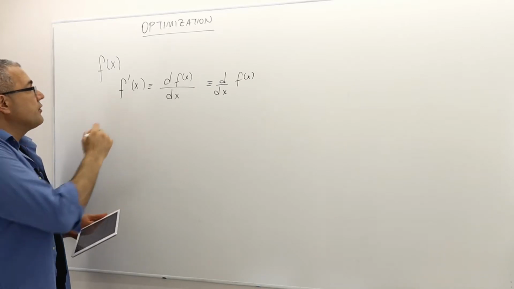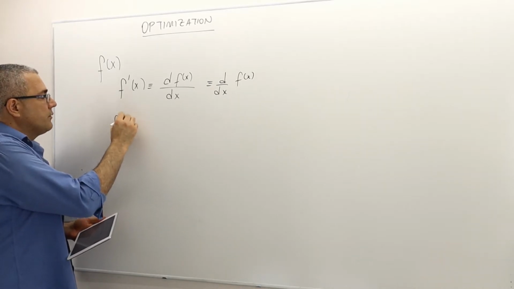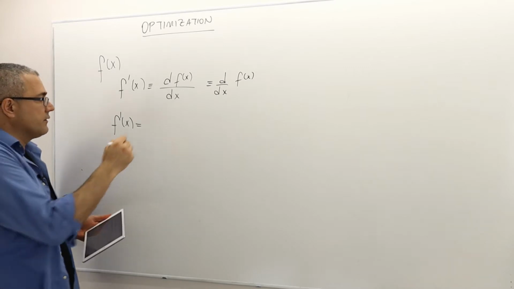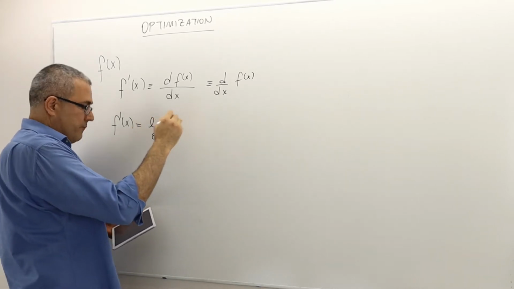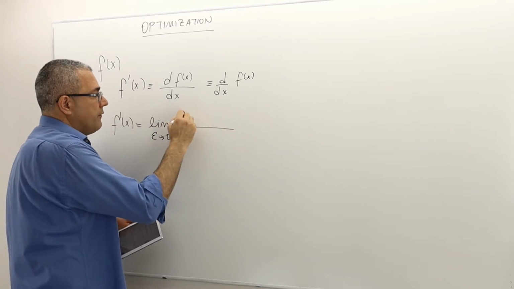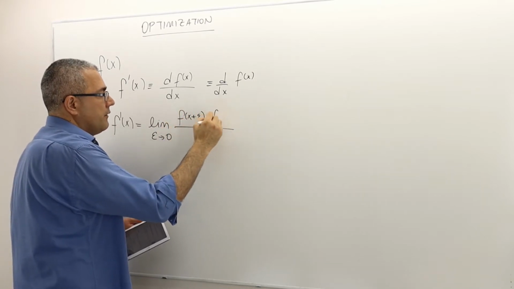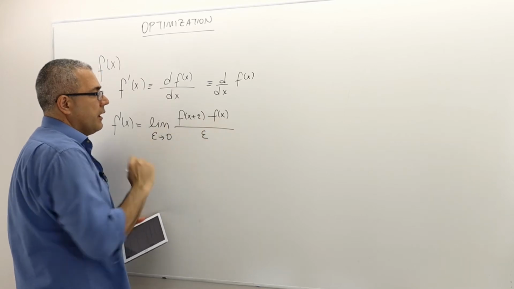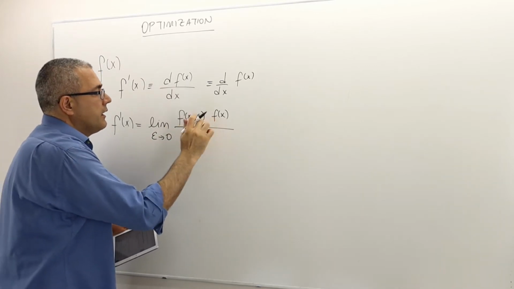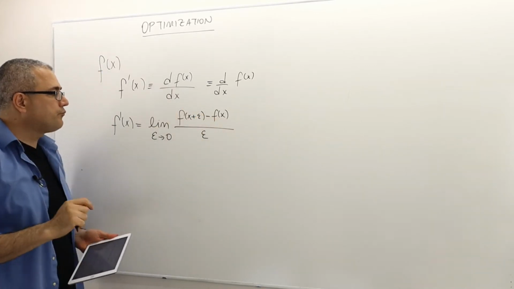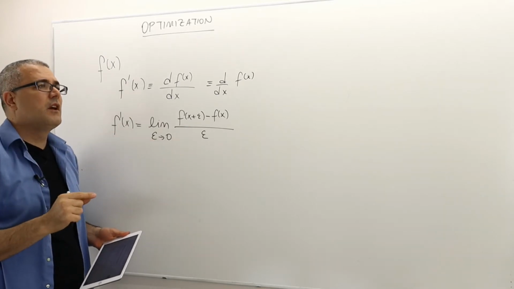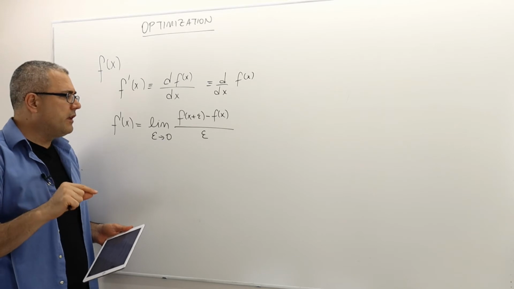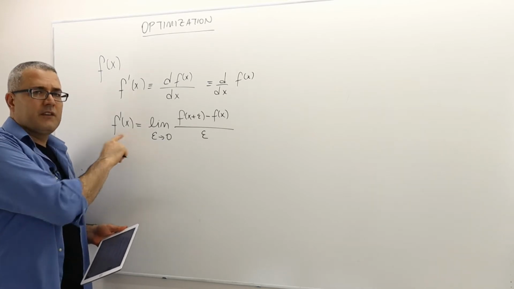So what is the definition? The derivative of a function is defined as follows: f prime of x equals the limit as epsilon goes to 0 of f(x plus epsilon) minus f(x), divided by epsilon. So the idea is the following. Epsilon going to 0 means the change I make to the value of x is very small.